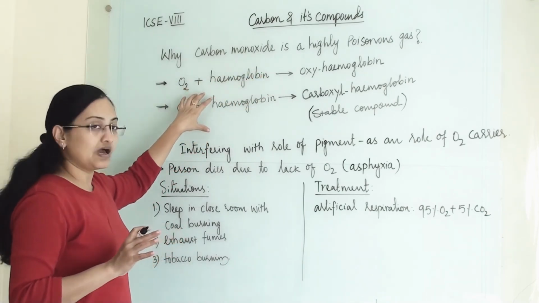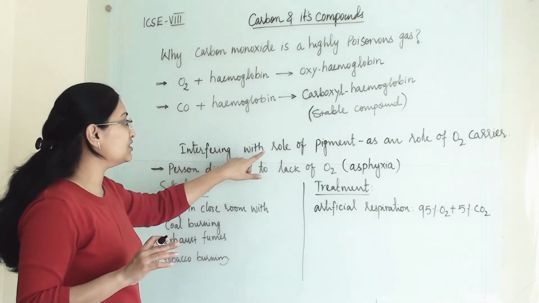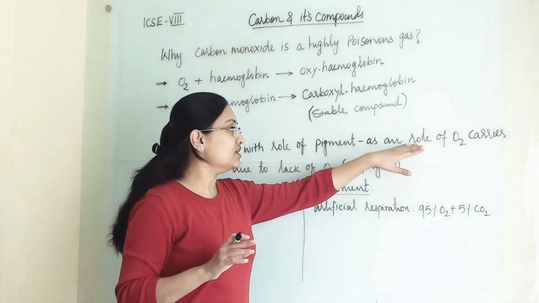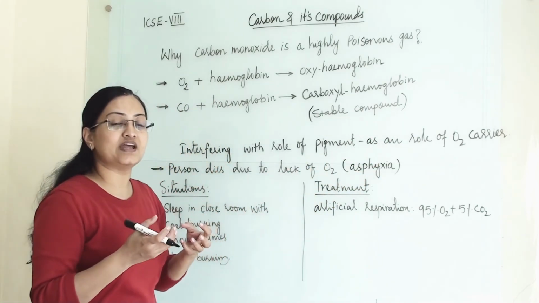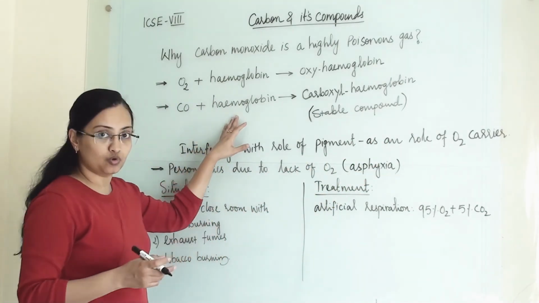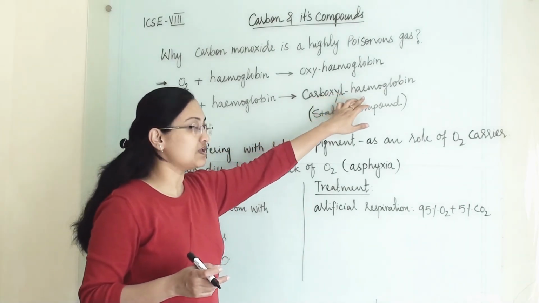So this is a general procedure in our respiratory system. But when we inhale carbon monoxide gas, it will interfere with the role of the pigment as an oxygen carrier. So carbon monoxide will react with hemoglobin and form a stable compound named carboxyhemoglobin.